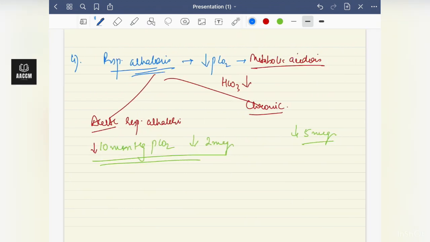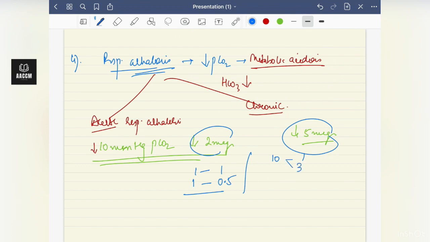For the alkalosis, it's 2 and 5. So, metabolic acidosis 1 to 1, metabolic alkalosis 1 to 0.5, respiratory acidosis 10 to 1 in the acute part and 10 to 3 in the chronic part, and in respiratory alkalosis, for every change in 10, it's 2 and 5 for acute and chronic respectively.